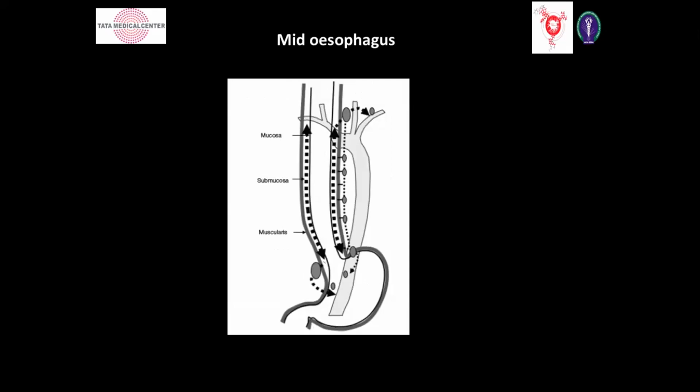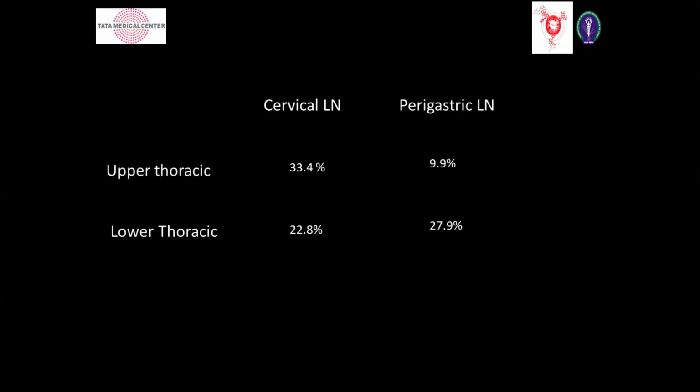And because of this rich submucosal lymphatics, even in early esophageal cancer like T1a, T1b, you can have node positive disease. That is why exact nodal estimation and nodal treatment is very, very important in esophageal cancer.